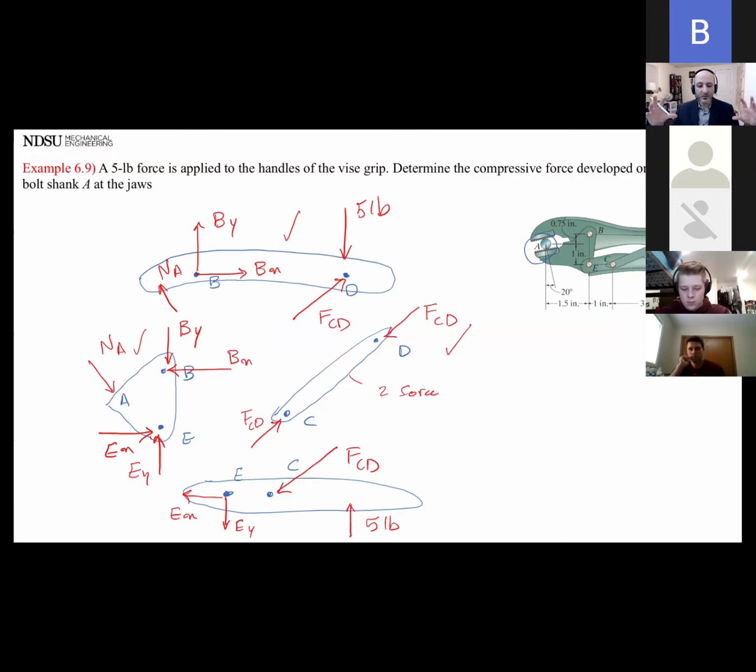So if I put this whole thing back together, every force that I drew on there should cancel each other out except these 2 that were already there. Questions about the free body diagram of a frame such as this one or a machine?